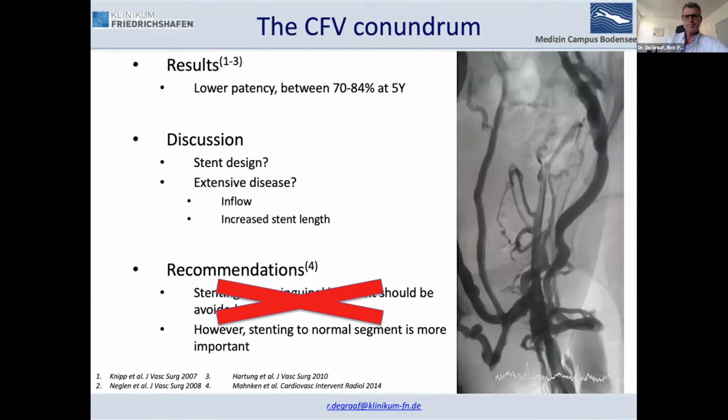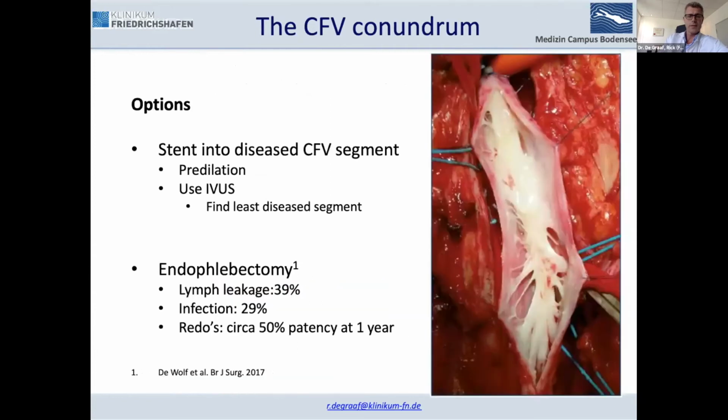It's also said in that paper that it might be more important to look for a healthy segment. The problem, however, exists when you have the common femoral vein involved, and there is not really a healthy segment. There might be a less diseased segment, but not in this case. This is probably what we've seen most, severe post-thrombotic disease within the common femoral vein.